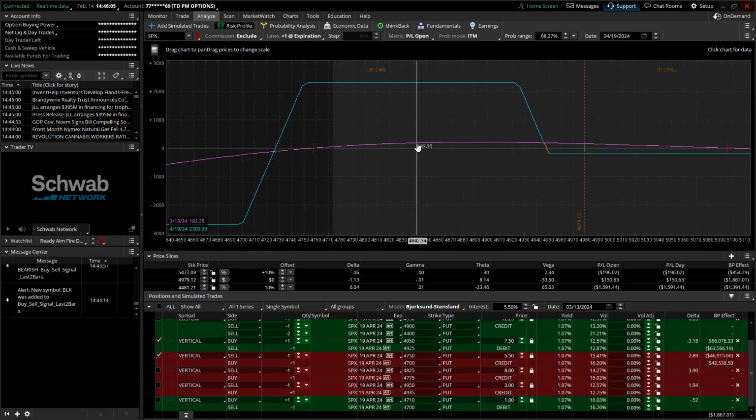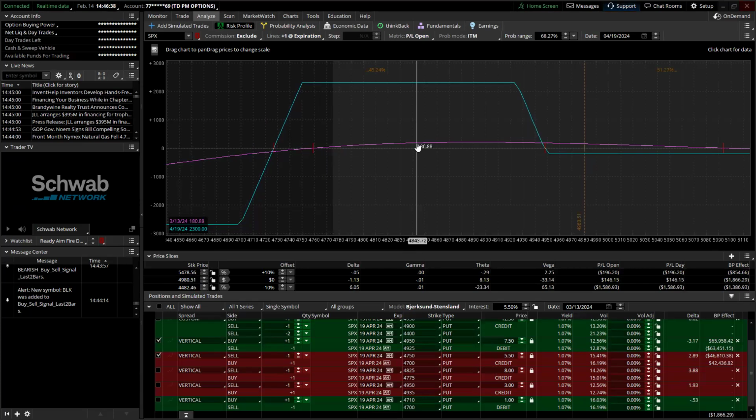That $300 per one contract is what you should use to size your trades. So, for example, if you have a $50,000 portfolio and you are going to risk no more than 3% of your net liq on any given trade, your max potential loss on any given trade is 3% of the $50,000 account, which is $1,500.